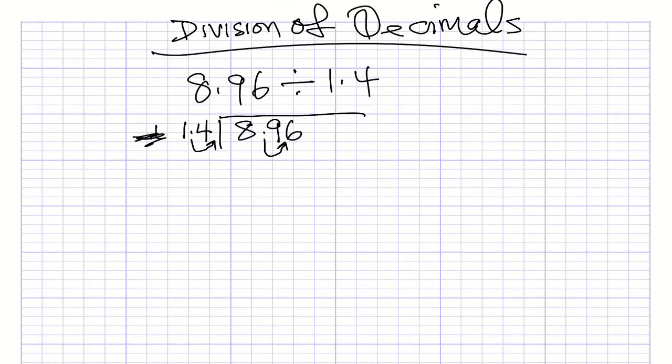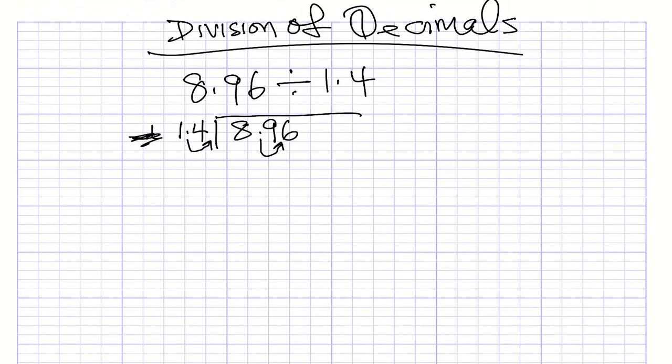And then let me rewrite it. There's a second trick. So we'll rewrite the problem as 14 point. We'll put the point there to remind us. Okay, we'll put 89.6 now.